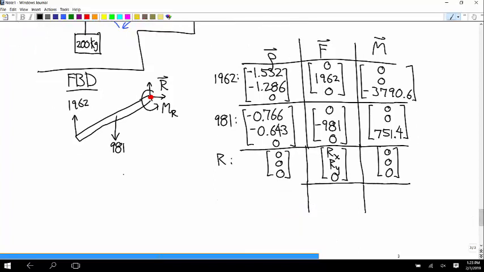And now the last one is the couple. For couples, we don't care about the row vector, and we don't care about the force because the equal and opposite forces cancel. And so all we have here is 0, 0, MR. That's just the pure couple, pure moment.